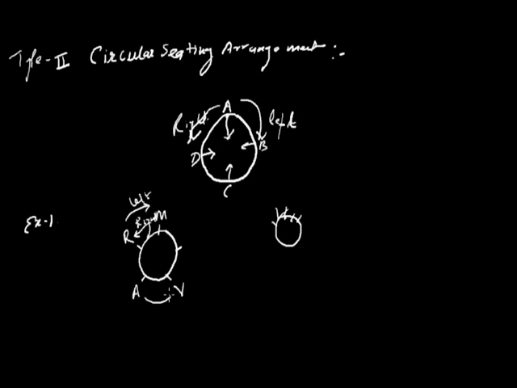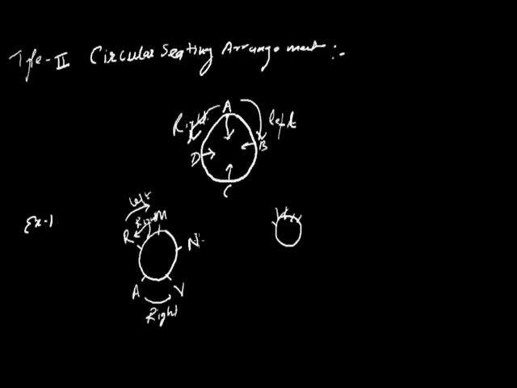Then only Vijay is to the right of Anil, and Nagesh is the person sitting here. So this is the arrangement: if we take them clockwise, first of all Mukund is there, followed by Nagesh, and then Vijay, Anil, and finally Rajesh.